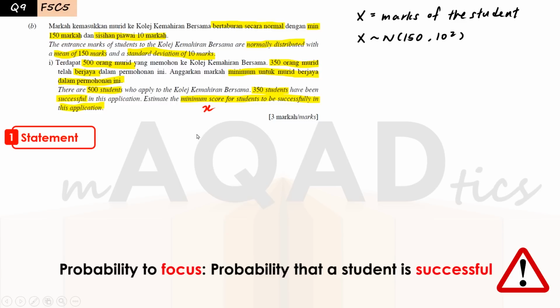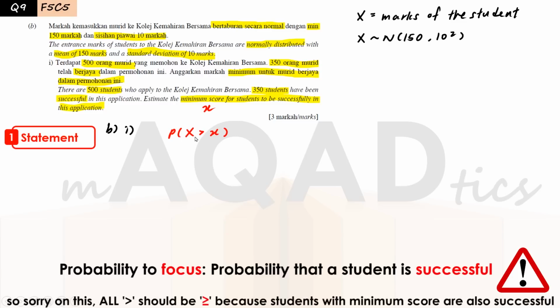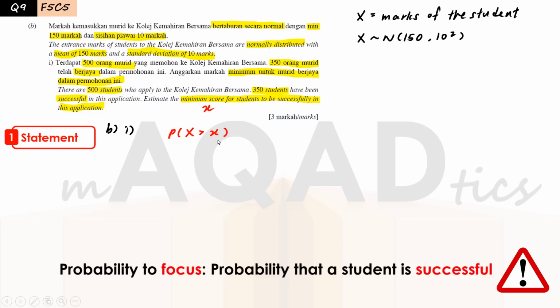So for the probability, we can aim it in this way: we will find the probability where big X is greater than x. Because if it's greater, then that student is successful, right? So to find the probability where the student is successful, it is actually given here, because among 500 students, 350 are successful.